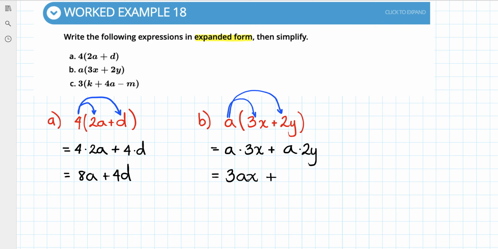Why did I write it as ax? Remember that we always try to use them in alphabetical order, okay? Also remember that we always write the coefficient before our term. That's why I'm starting with the 3, I'm not starting with the a. So the correct algebraic notation is that we start with our coefficient and then we write our variables in alphabetical order.